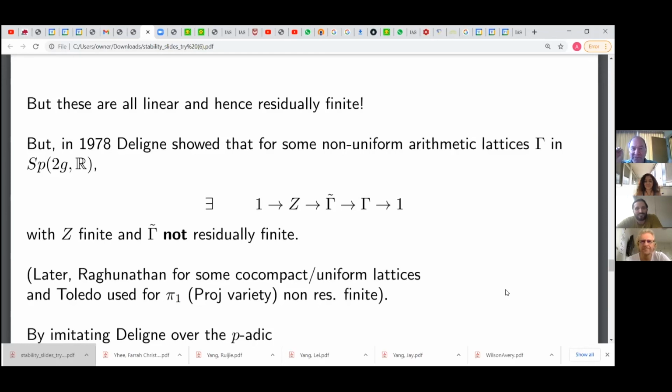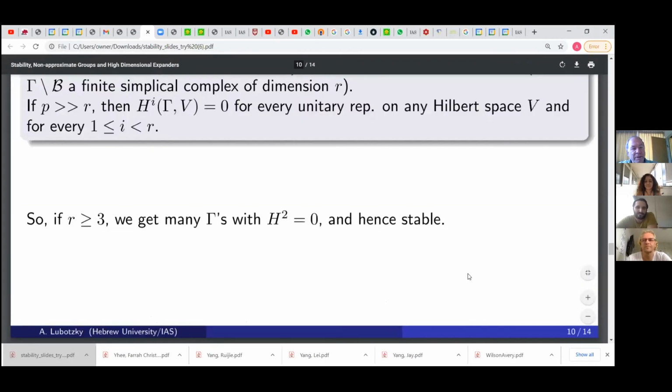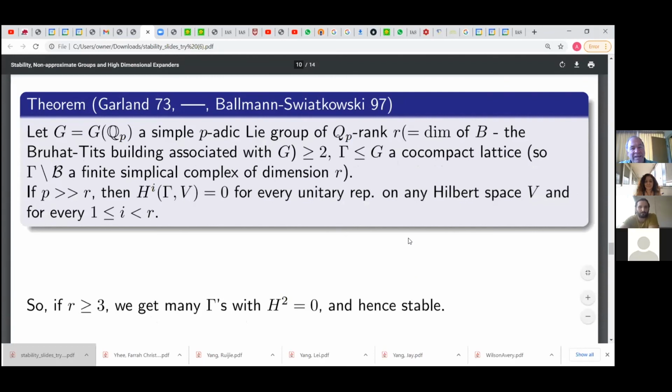In fact, there is something even more delicate there. If you remember, the Garland theorem, at least the way I wrote it, was not saying that it's true for every p. It said that it's true for every p large enough. Now, this p is the prime p. The two p's play a different role, right?